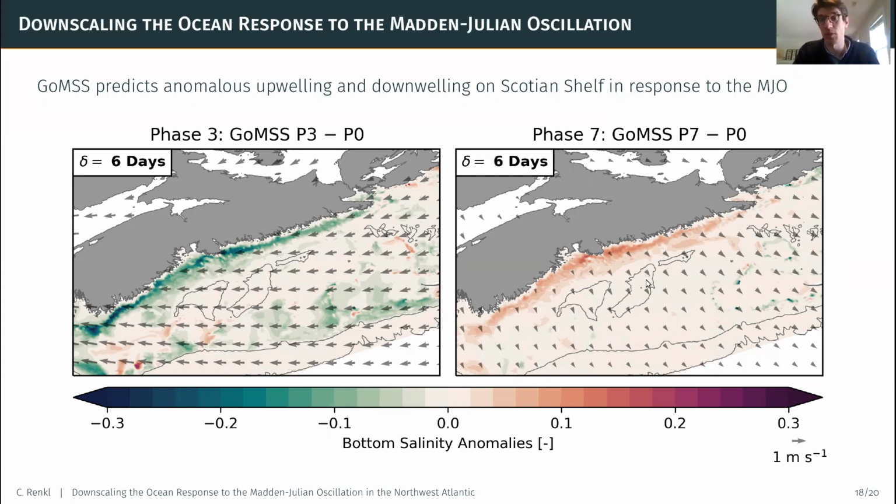After phase 7, where the wind is somewhat in the opposite direction, we get the opposite response. This just goes to show again that these two phases of the MJO create opposite responses.